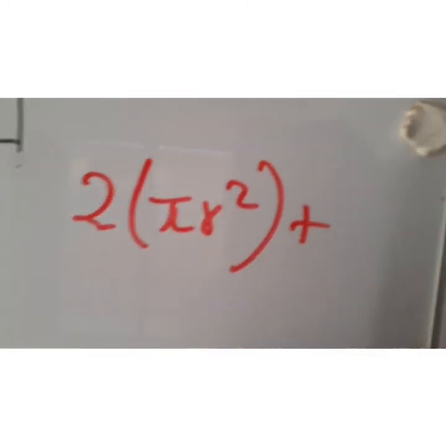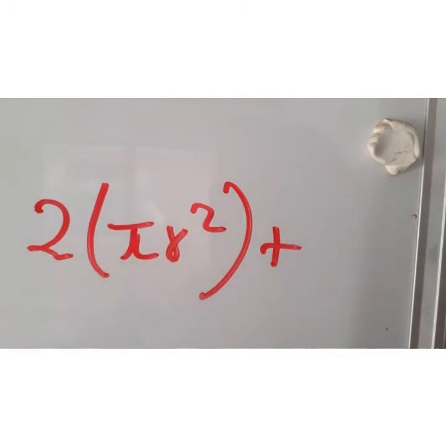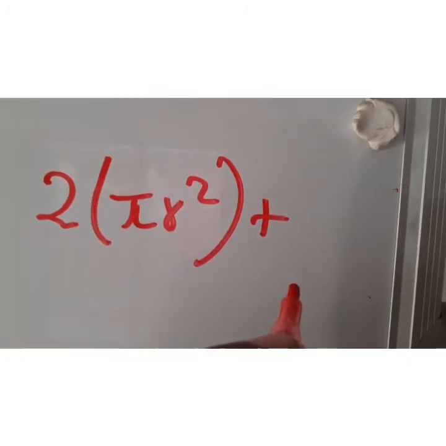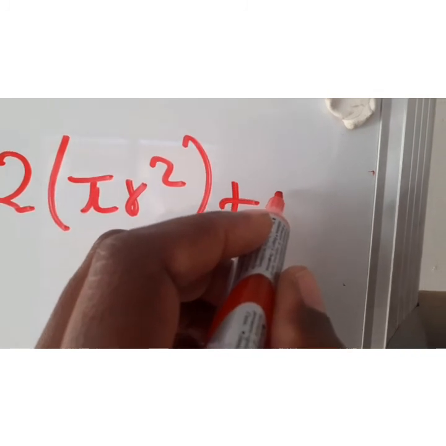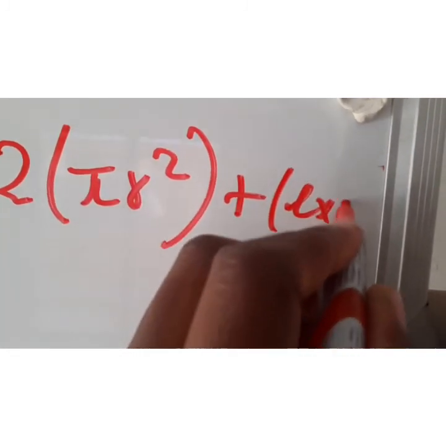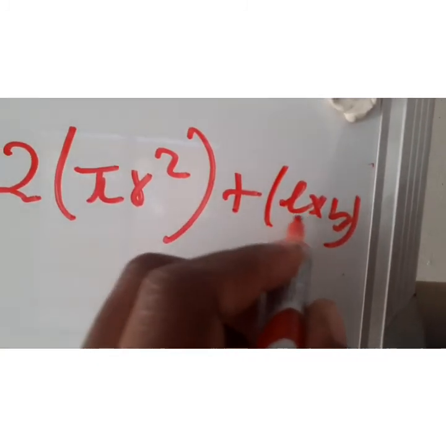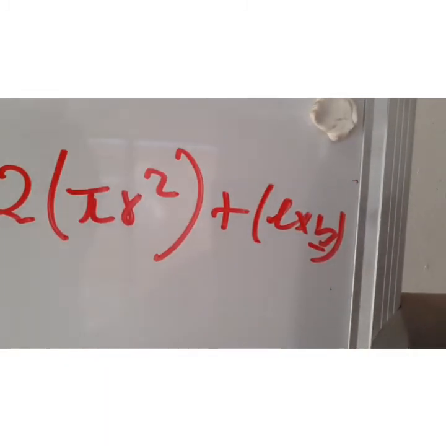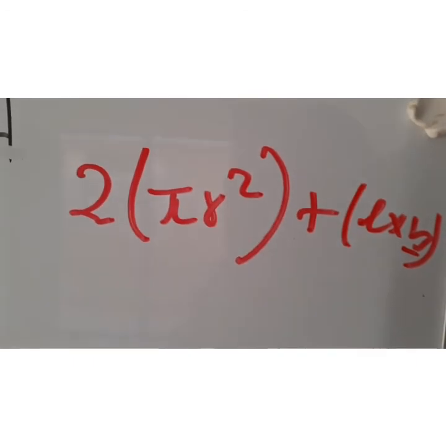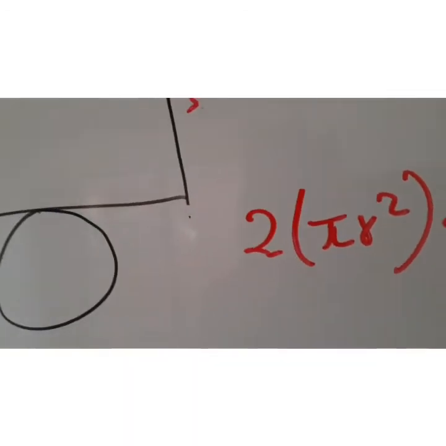Then you have to add your rectangle, which would be your length times breadth. It's only 1, right? But your length would actually be the distance around 1 circle. Okay, I'm not gonna calculate this one.